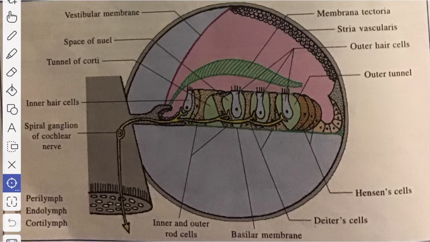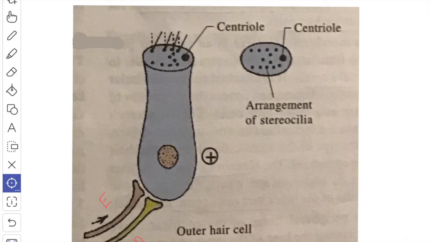In total, there are about 23,500 hair cells in the spiral organ of Corti, and approximately an equal number of neurons in the cochlear nerve in man.